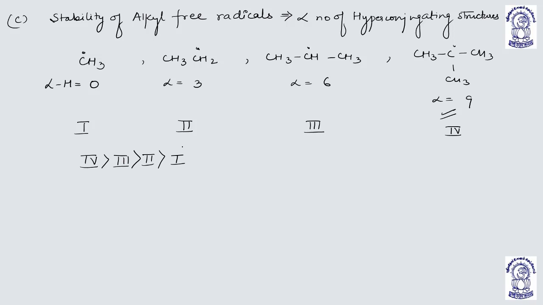Now bond length in alkenes. All these are evidence that hyperconjugation is an important factor to explain the stability of reaction intermediates.